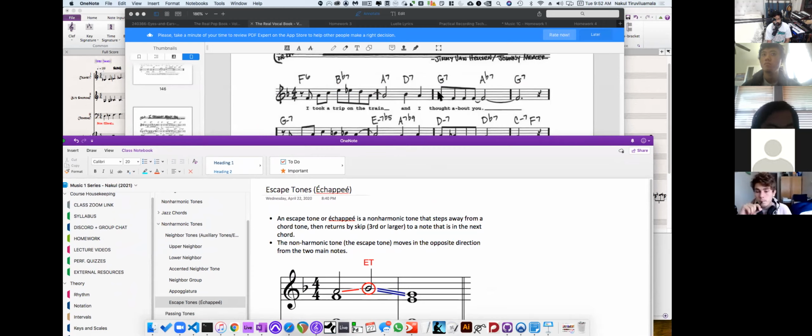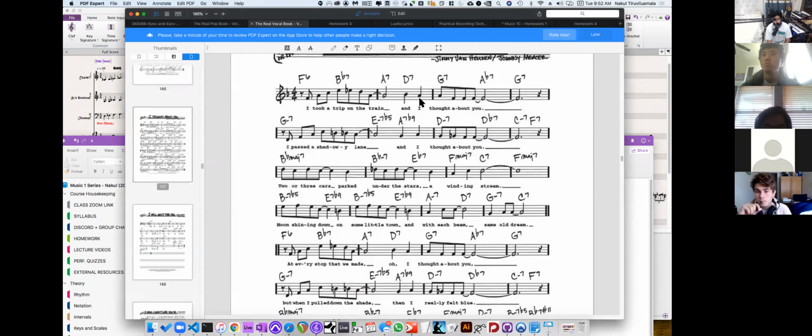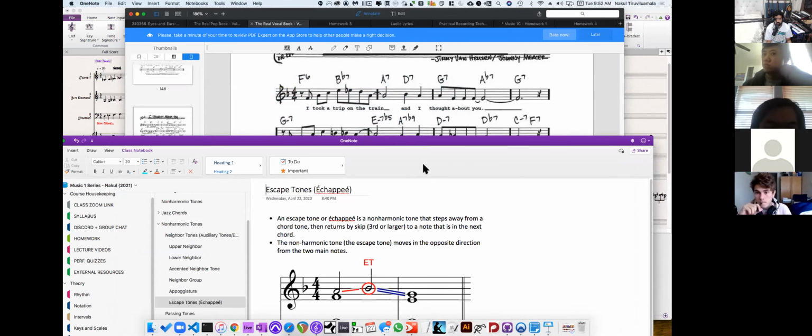So what we have here is basically this kind of rearticulated suspension motion, but then we've got this kind of escape motion where you're resolving to a chord tone by leaping.